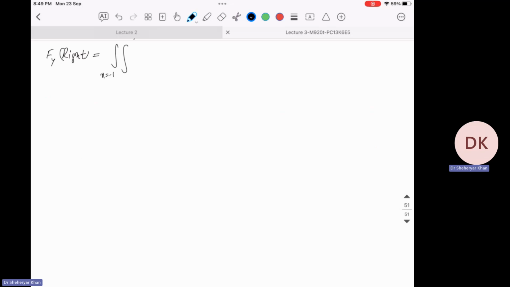So x and now if we are using the y part, then at y equals 1 on the surface side.